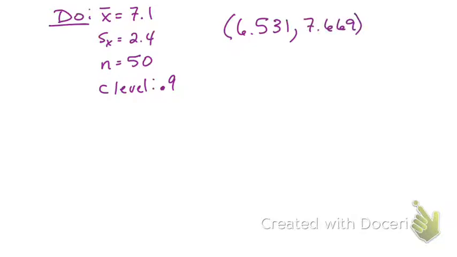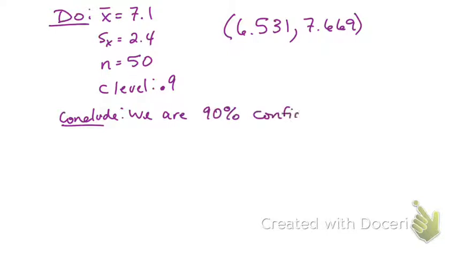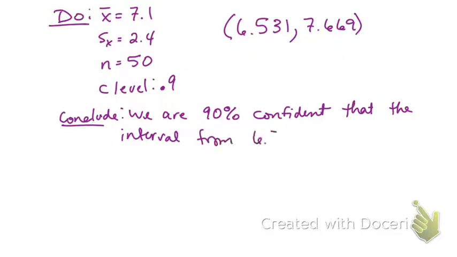There we go. And now we can conclude. We are, what are we? 90% confident that the interval from 6.531 to 7.669, what does that interval do? Captures the true mean.